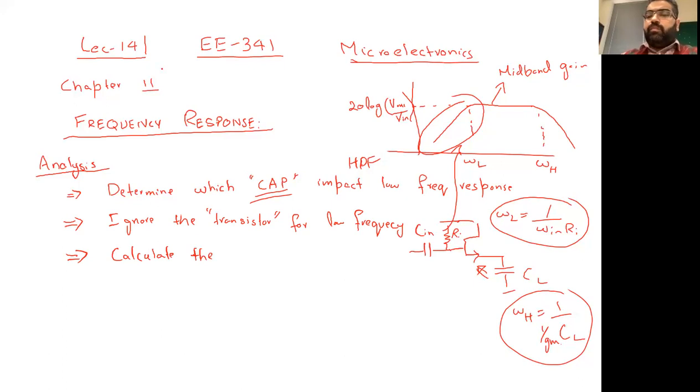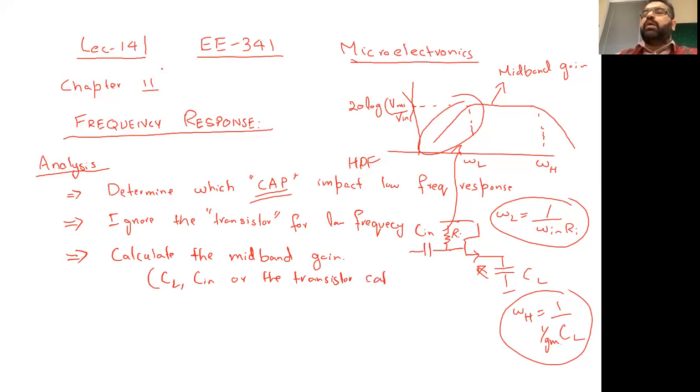When we calculate the mid-band gain, we ignore all the capacitances, whether they are CL, Cin, or the transistor capacitances. Something similar to what we were doing in the first almost 10 lectures when there was no frequency response. We used to find the gain V out by V in of the system.